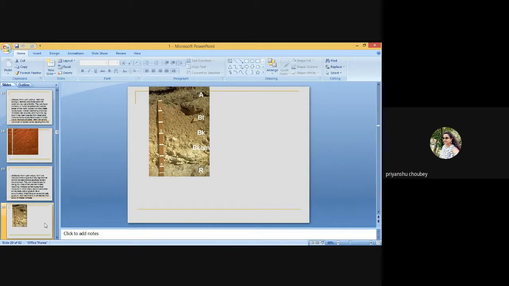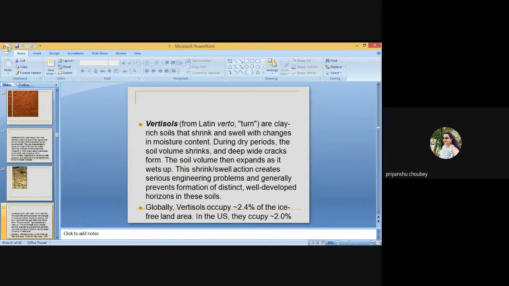This is a picture of aridisols. Vertisols, from a Latin word meaning to turn, are clay-rich soils that shrink and swell with a change in moisture content during dry periods.